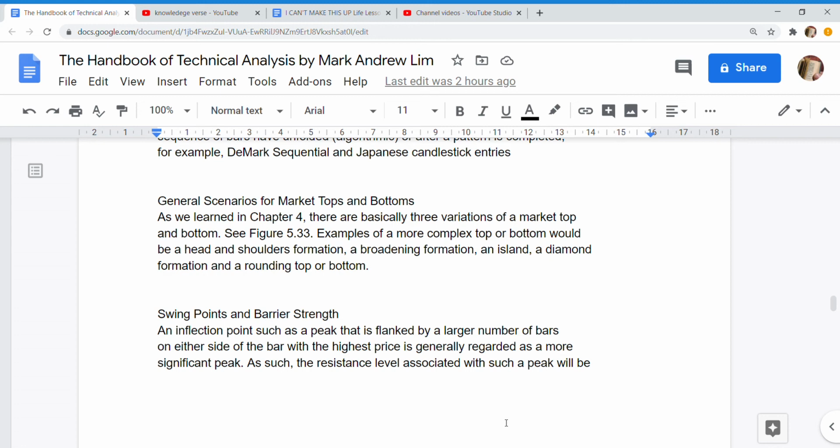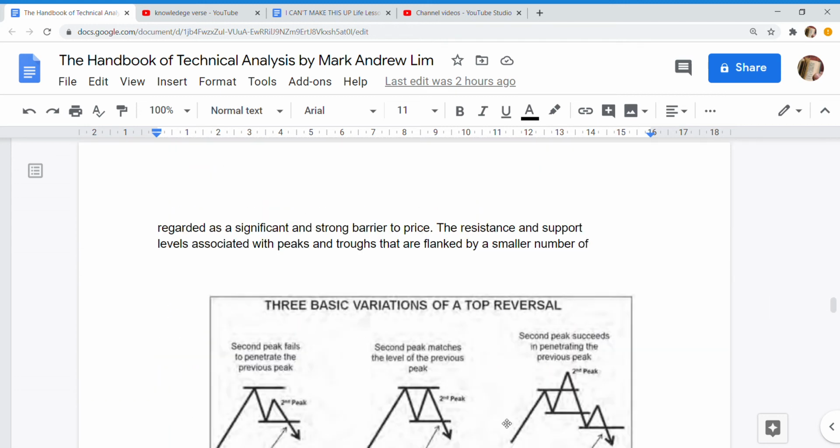Swing points and barrier strength. An inflection point such as a peak that is flanked by a larger number of bars on either side of the bar with the highest price is generally regarded as a more significant peak. As such, the resistance level associated with such a peak will be regarded as a significant and strong barrier to price.